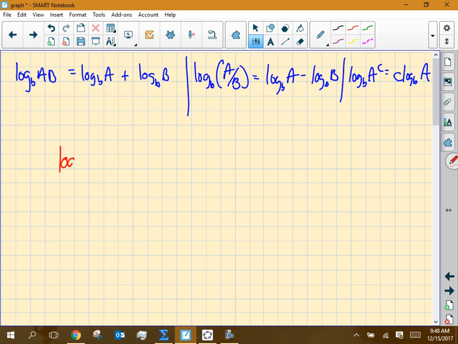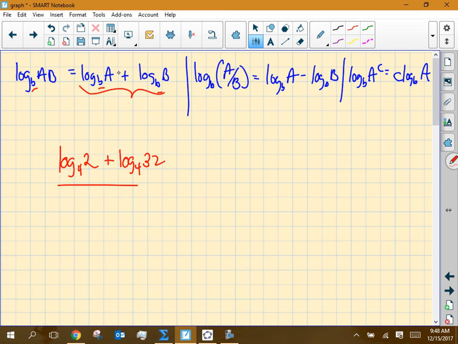So let's say that I have log base 4 of 2 plus log base 4 of 32. Now these laws only work if the bases are all the same, right? So that's the key thing here. The bases are both 4. Does this expression look just like that?